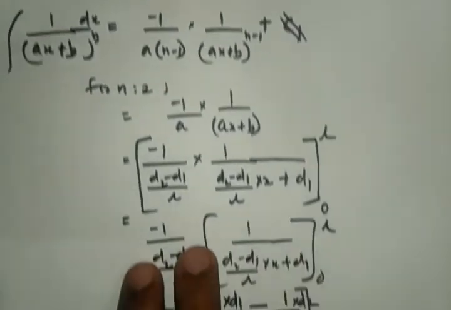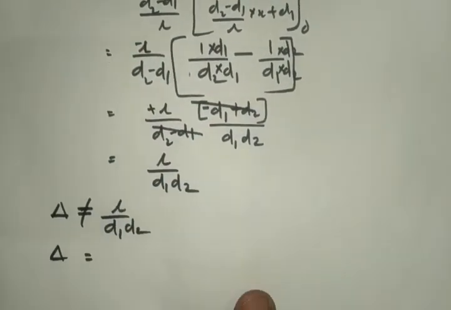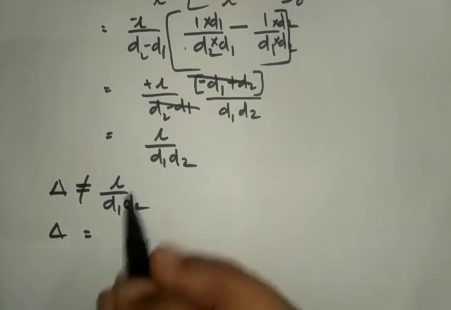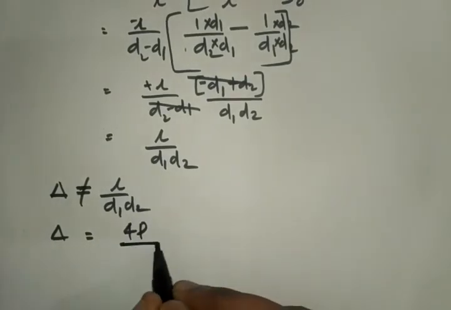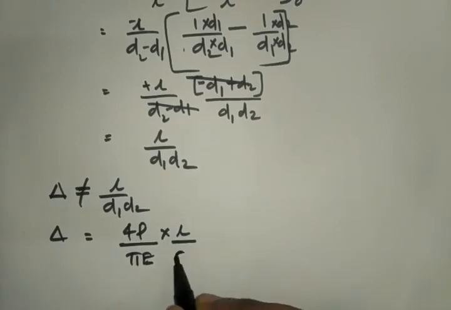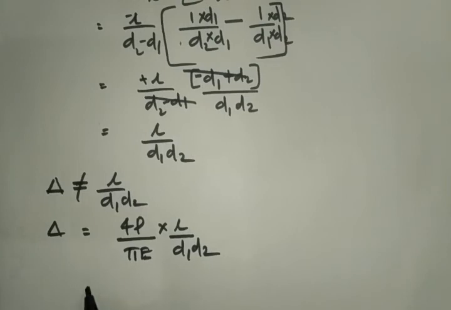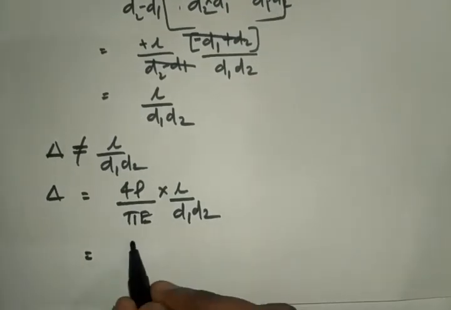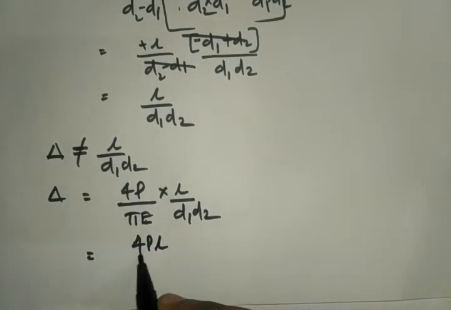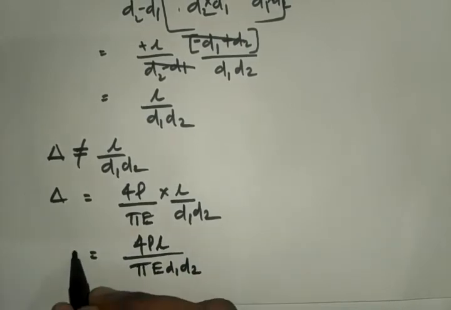That will be the total deflection. So the total deflection is delta equal to 4p by pi e into L by d1 d2, which is equal to 4pl divided by pi e d1 d2.